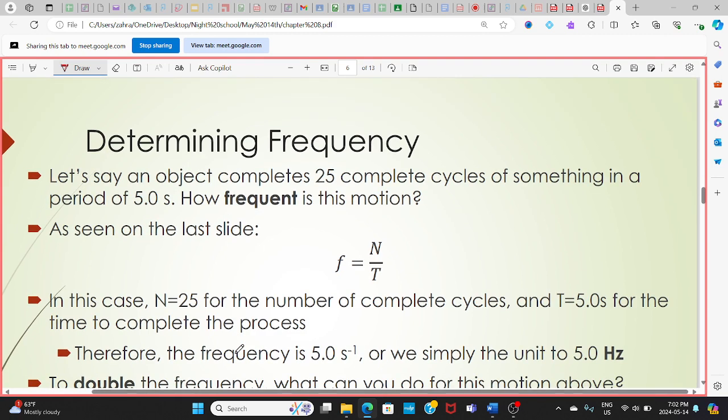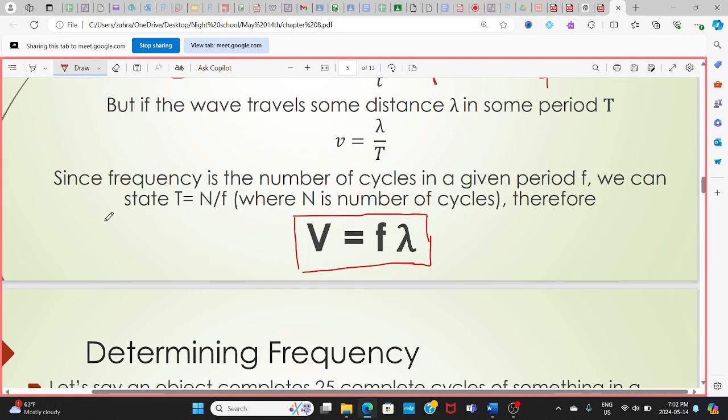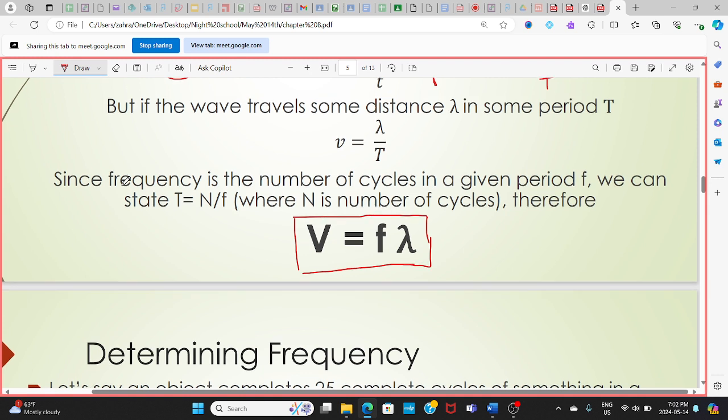Okay, so let me just talk about this one. We said the frequency is number of cycles per second, right? Then we can state that T, the period, is number of cycles per frequency. This is something that we could say, actually.